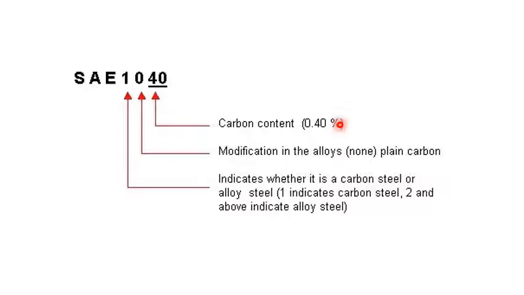Normally the steel is designated with 4 digits. The first digit indicates the major alloying element, the second digit indicates the proportion of the major element added to the steel, and the third and fourth digits indicate the carbon percentage present in the steel in weight percentage. Whatever number is in the last two digits divided by 100 gives the percentage of carbon present in the steel.